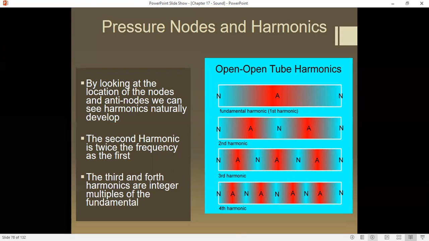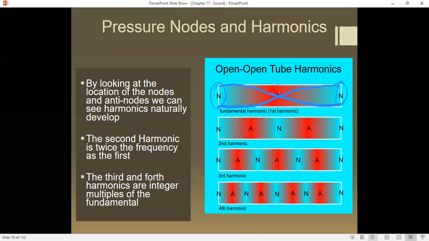So if I were to draw what the displacement was doing, it would look something like this. Displacement would be greatest at the ends and least at the center, just the opposite of what the pressure is doing. And again, displacement means how much these molecules are moving on average due to the wave.